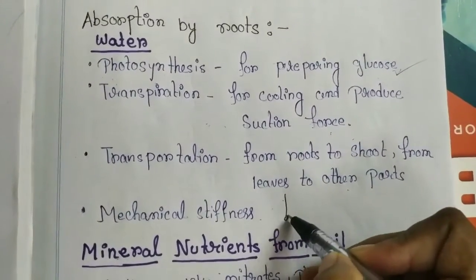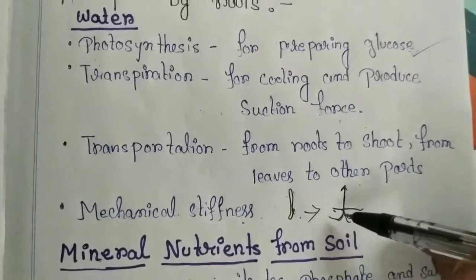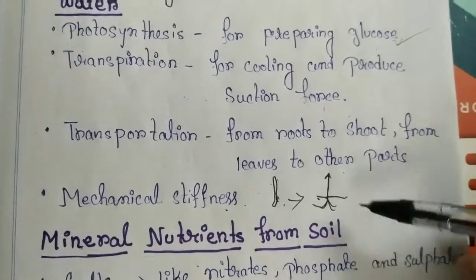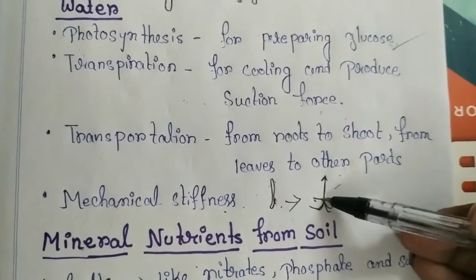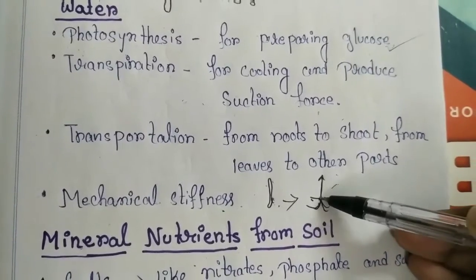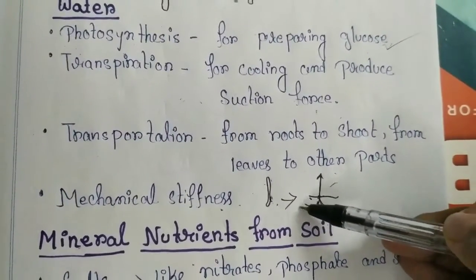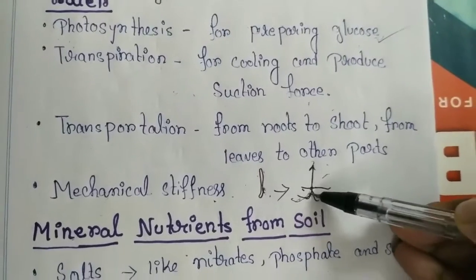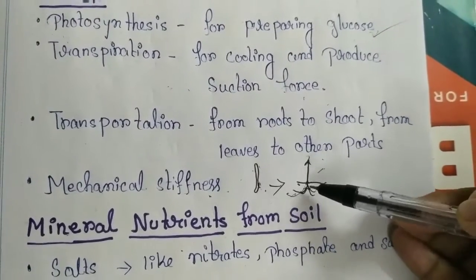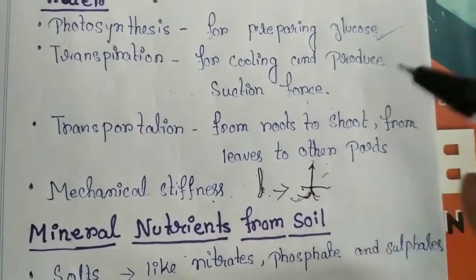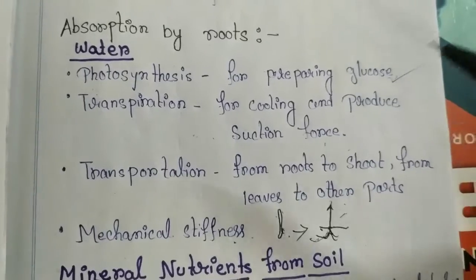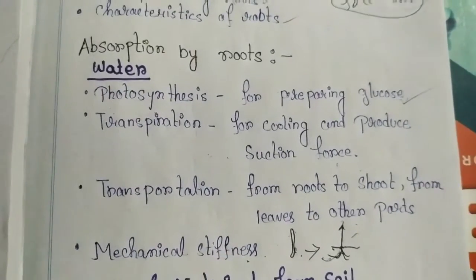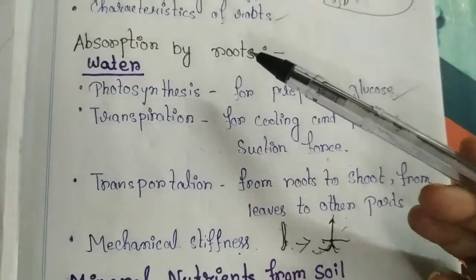The stiffness provided by water is necessary for the seed radicle to penetrate the soil. It also plays an important role in growth, mechanical assistance and proper shape. So water gives all these things to the plant. That's why water is very much needed for a plant, and it is absorbed by the roots.